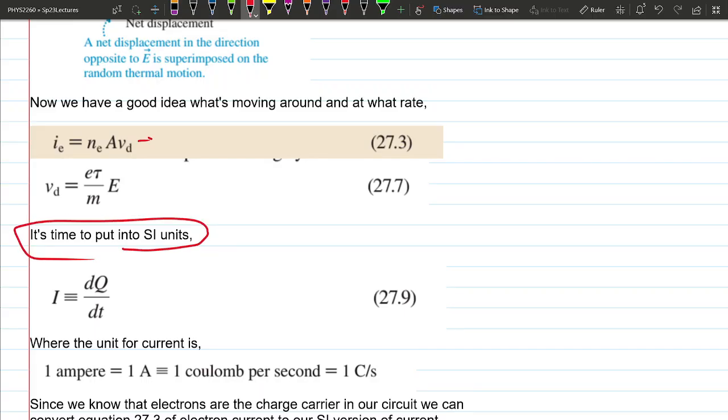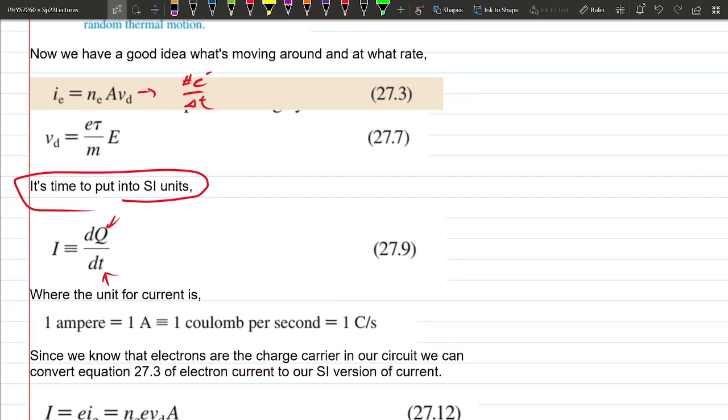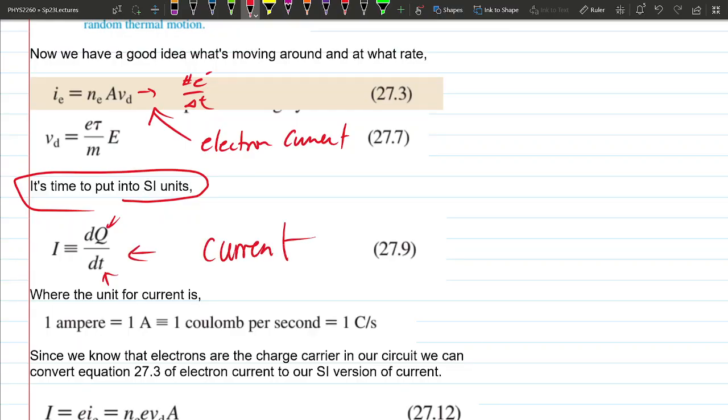Because this current here is the number of electrons per unit time. What we're actually interested in is how much charge is moving per unit of time. Okay, so how do we go from electron current to what is now just the regular current? This is the electron current, and this is just called current, okay?